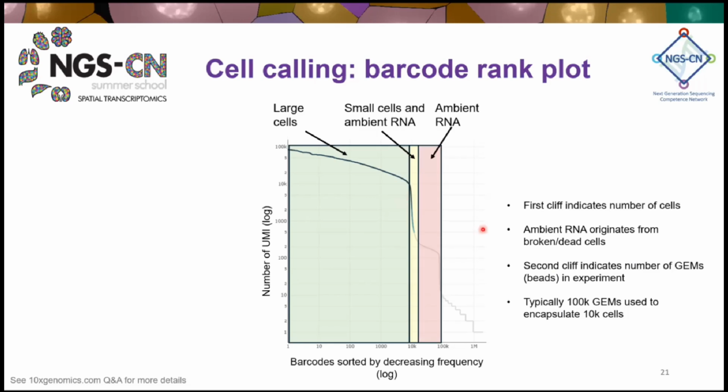Then there's another plateau here, which indicates the number of gems or beads that were used in the experiment, because the lab will use 100K gems for the single cell experiment. So in the end, in this plot, you should see 100K again here. And finally, there's a part with the sequencing errors shown here.